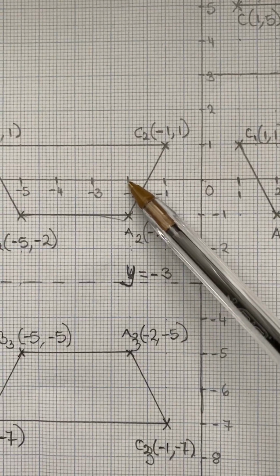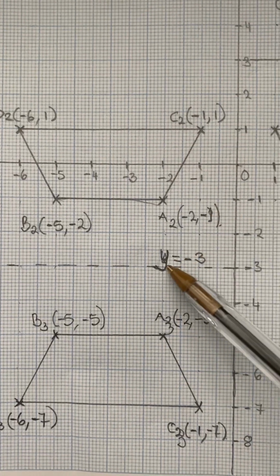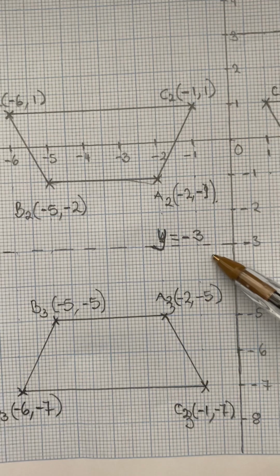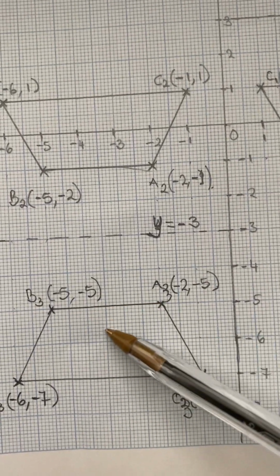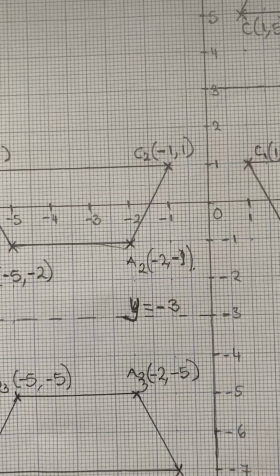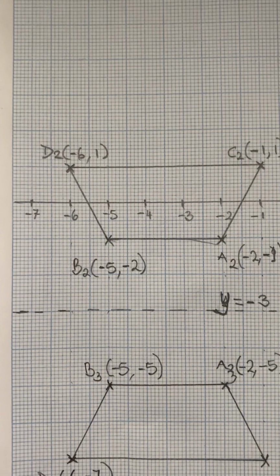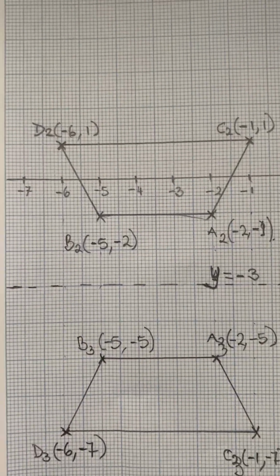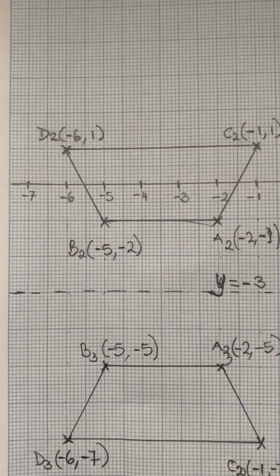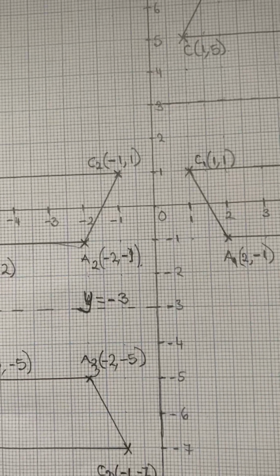Get an image, and then this image reflected on the line y equals -3, to get this last image here. You can't go wrong if you do it systematically. Now again, less calculation, just drawing and counting. You can easily get full marks on this.